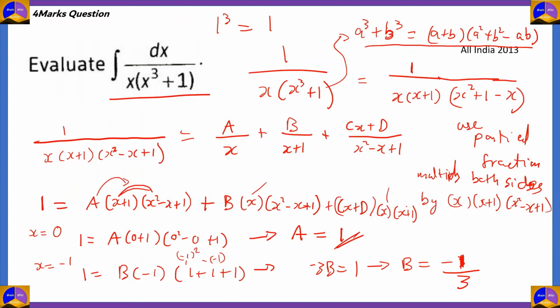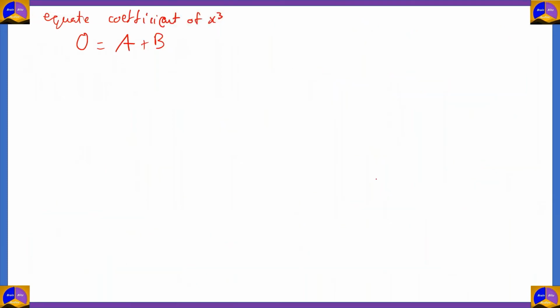And then when you look at the third part, x times x plus 1 is x squared plus x. So when you multiply cx with x squared, you get cx cubed. So therefore, we'll also have c as a coefficient of x cubed.